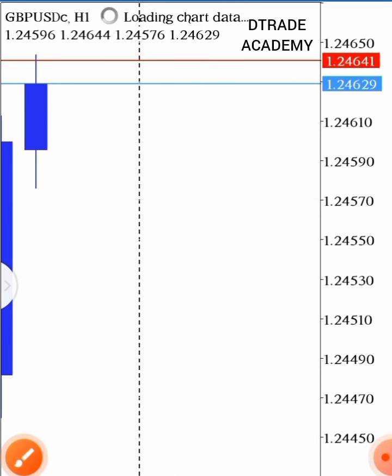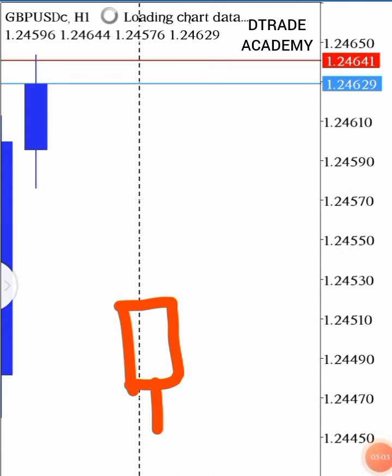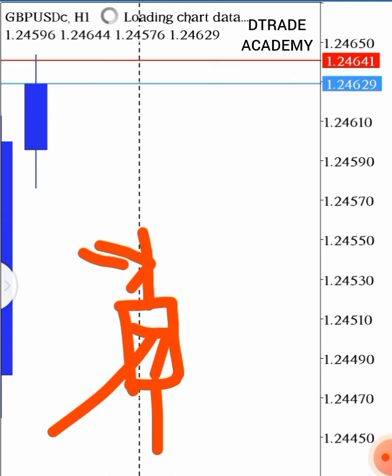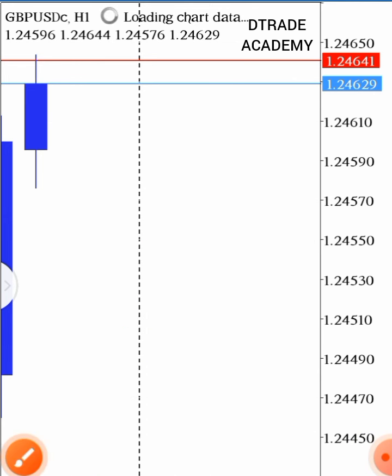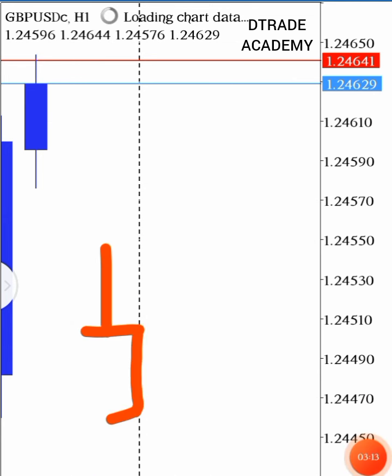Now, how do we identify an imbalance on our chart? We always make use of 3 candles. This is our first candle. This is the wick, this is the body, and this is another wick. The wicks should always overlap the next candle.